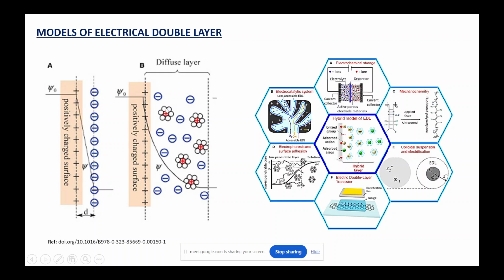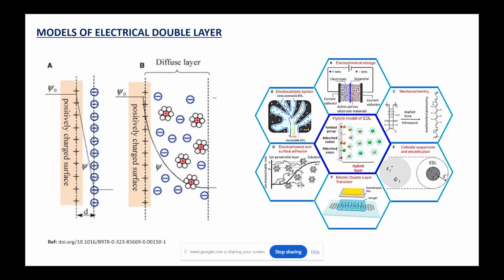Along with those, you also have the solvated cations. These are nothing but the solution molecules which are also present, predominantly because of the thermal motion or the diffusion motion that happens in the solution.